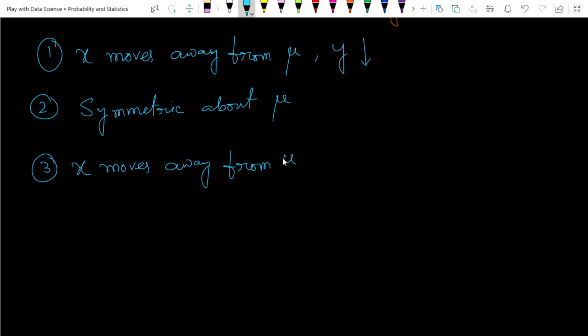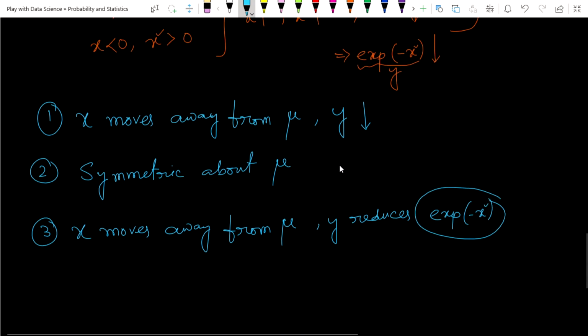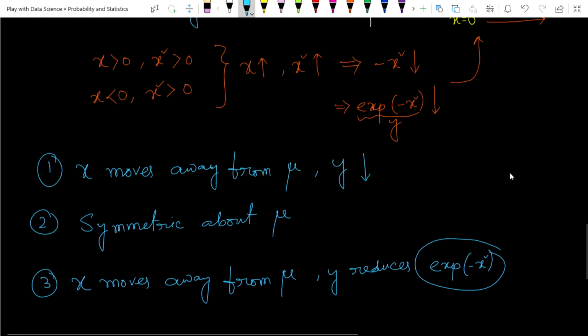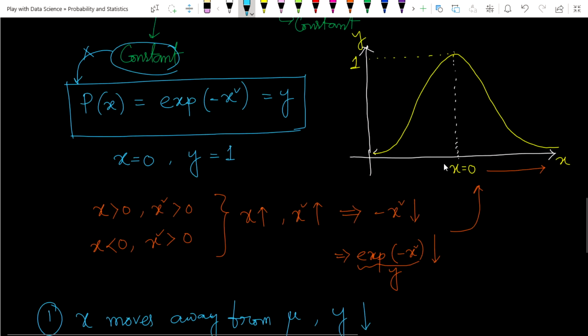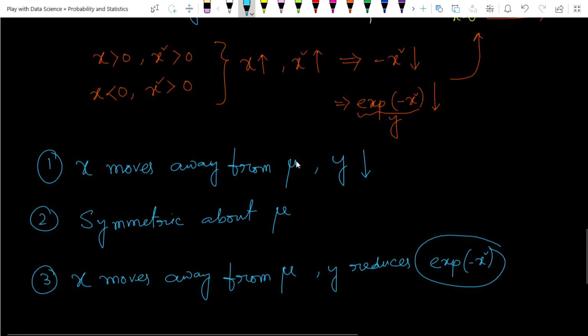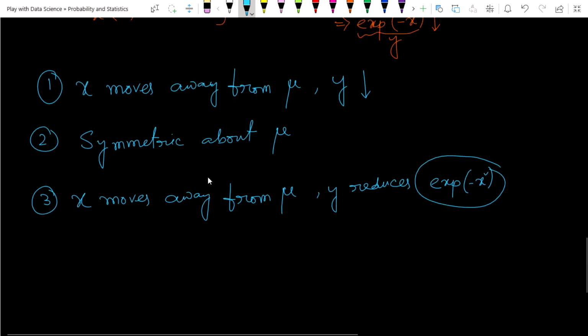Because of this, I think you have understood why these things occur and why the curve behaves the way it does. I think you have understood.